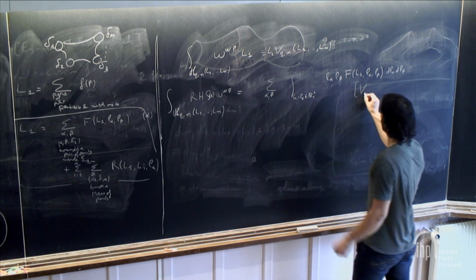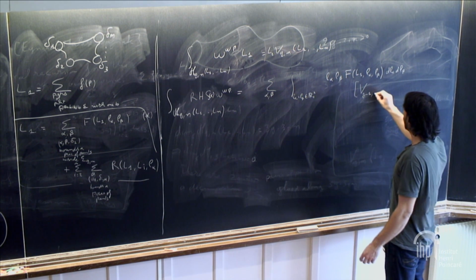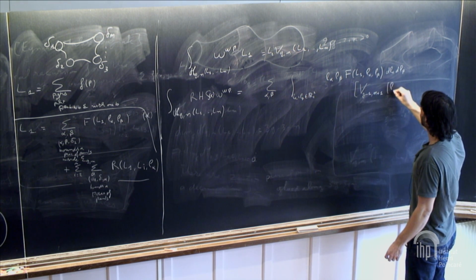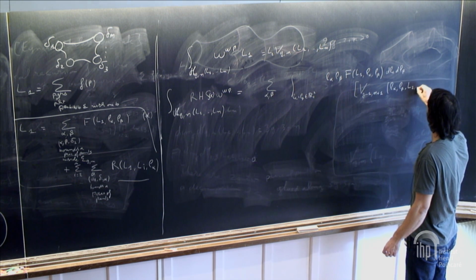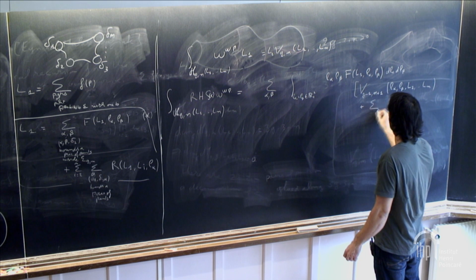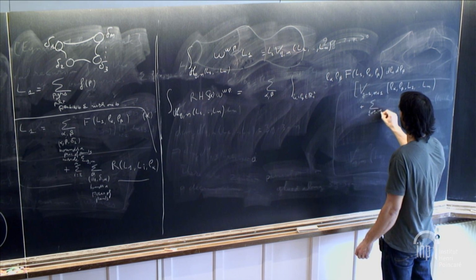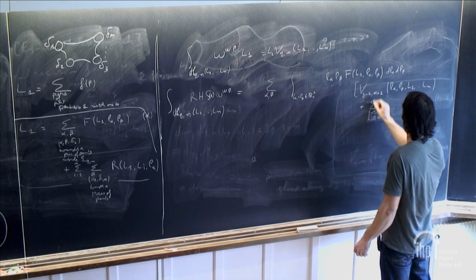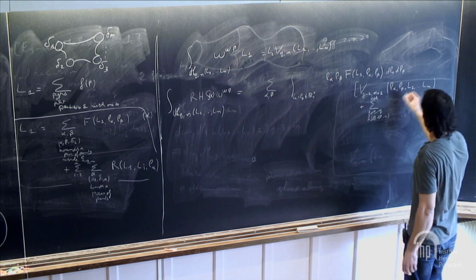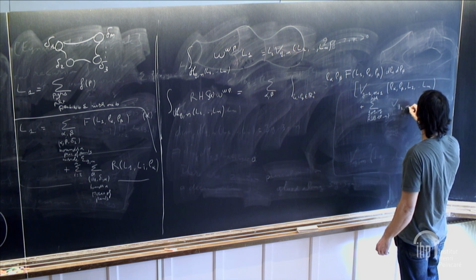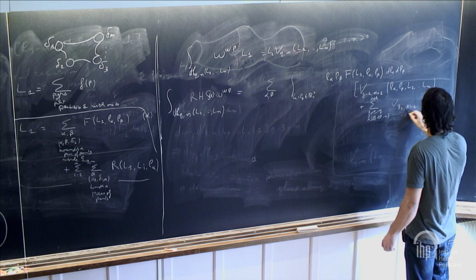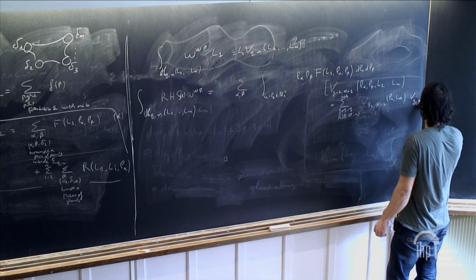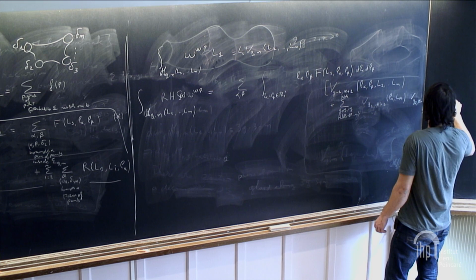So I will get a genus g minus 1 surface with n plus 1 boundary components, since I started from n, of respective lengths L alpha, L beta, L2 to Ln, plus the sum over g1 plus g2 equal to g, A, B union equal to 2 to n, just the stable part, of V_{g1}, cardinal of A plus 1, L alpha, L_A, V_{g2}, cardinal of B plus 1, L beta, L_B.